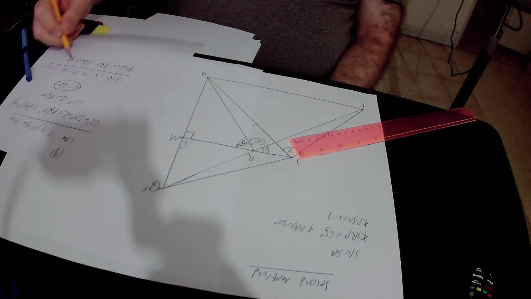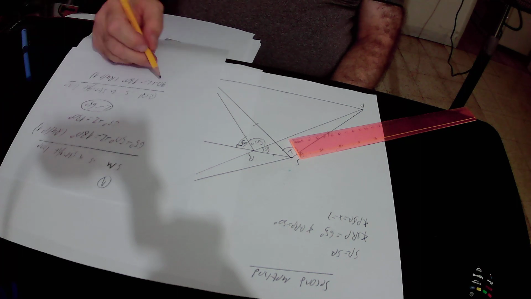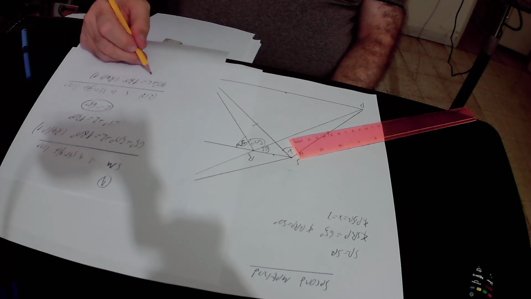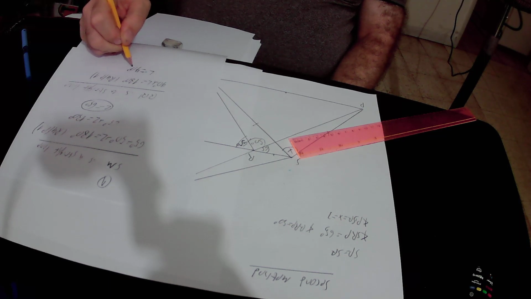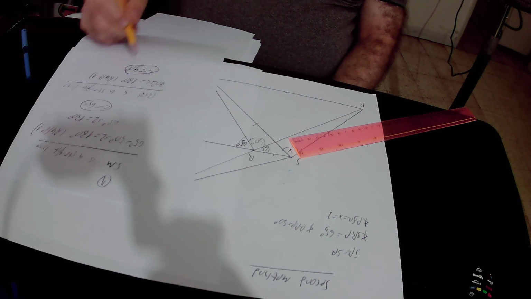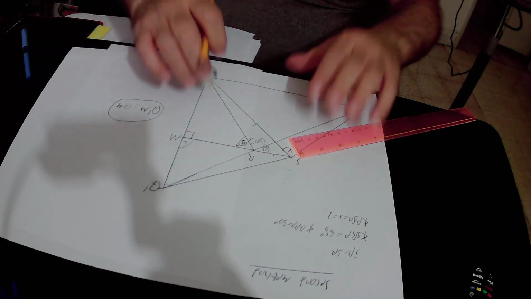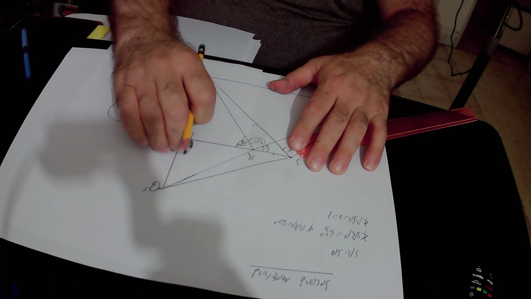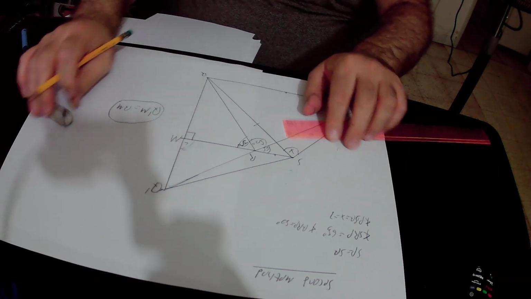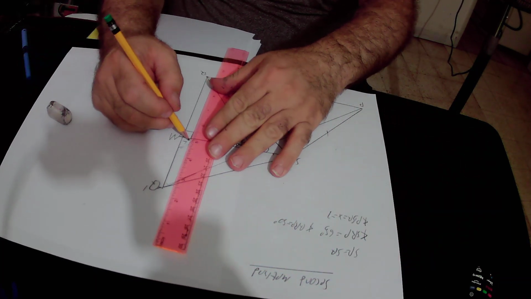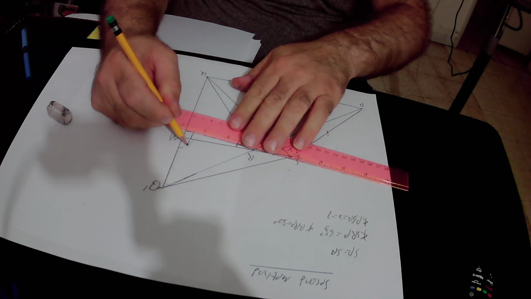So here we will subtract 90 degrees and we'll get that the size of angle L is 90 degrees. That is to say, angle L is a right angle.